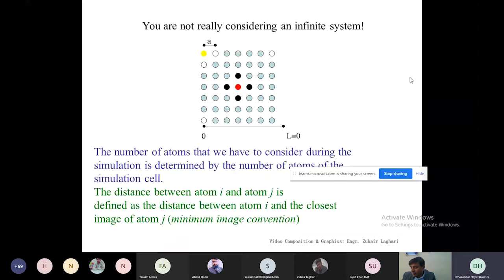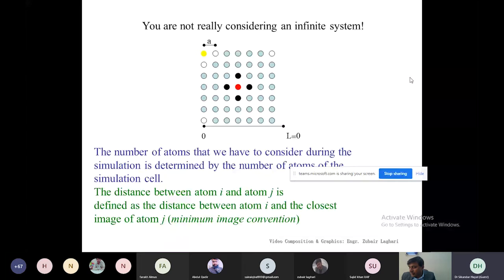To make the infinite system, the number of atoms that we have to consider during the simulation is determined by the number of atoms of the simulation cell. The distance between atom i and j is defined as the distance between atom i and the closest image of the atom j, which I previously described.